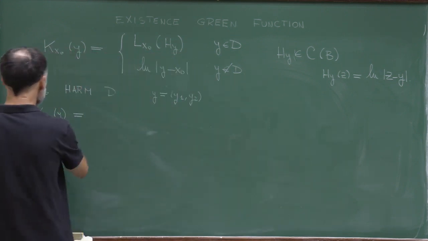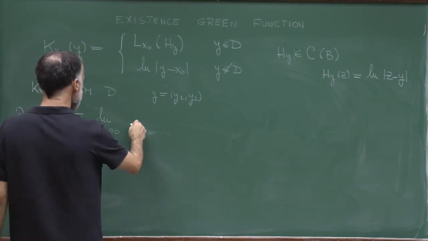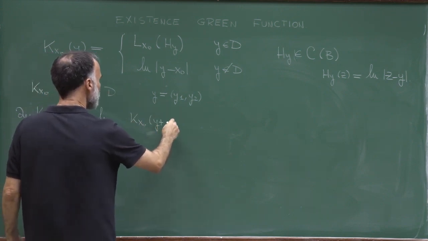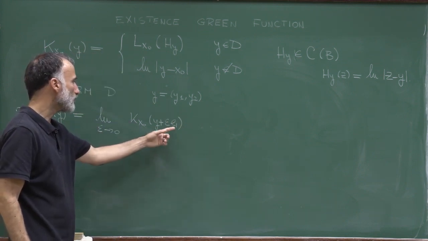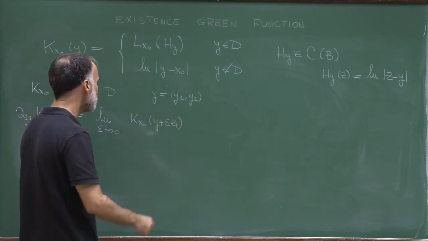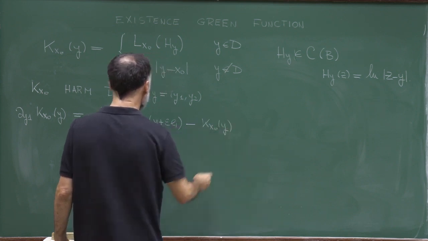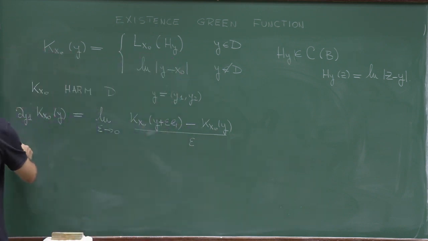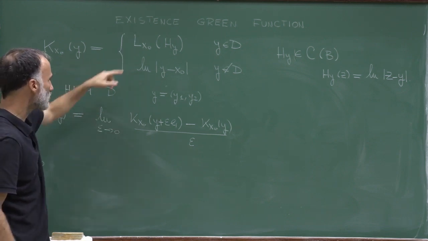So the derivative will be the limit as epsilon goes to 0 of k x0 of y plus epsilon e1, where e1 is the first element of the canonical basis of R2, minus k x0 of y, divided by epsilon. Let me just replace k x0 by its definition.